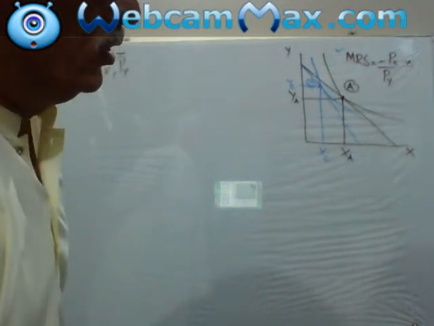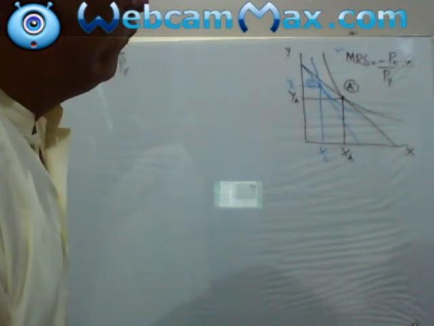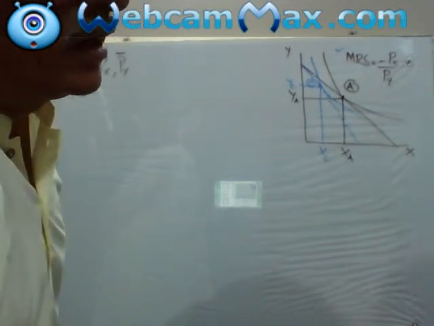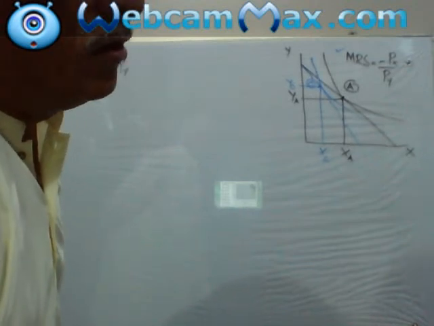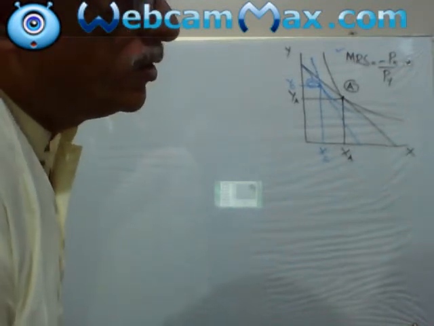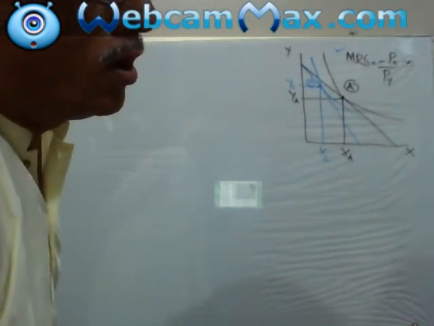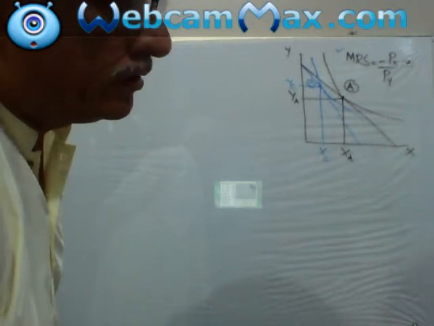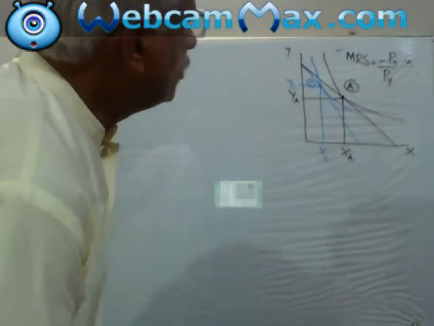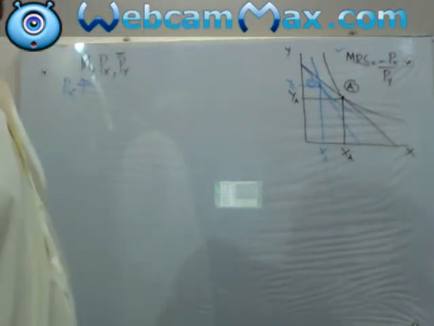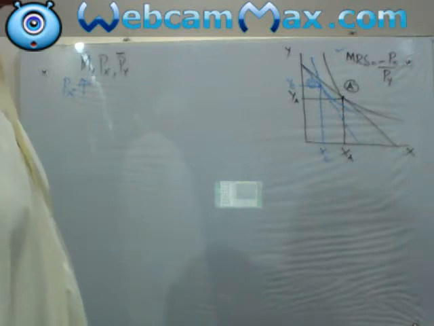So what we do is draw a hypothetical and imaginary budget line which presumes that the consumer's real income is constant while the consumer is paying the new price.